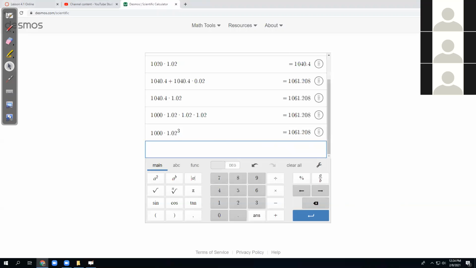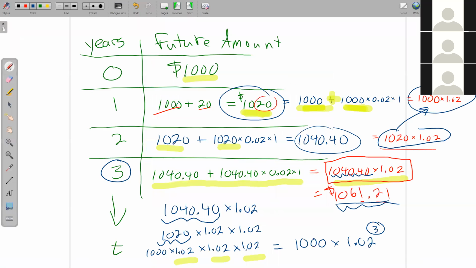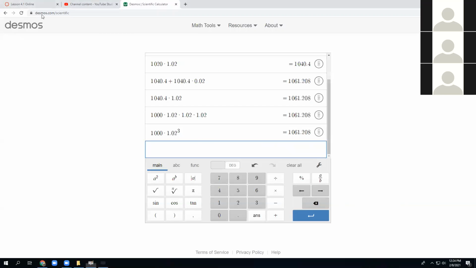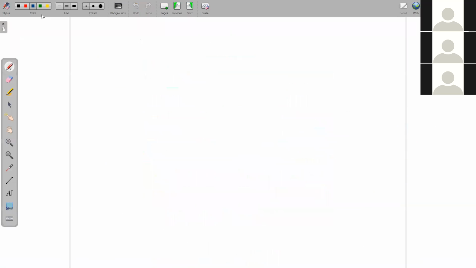So I'm just going to redraw my table for a sec. It turns out our shortcut that we've developed here is based on how many years have gone by and calculating our future amount.